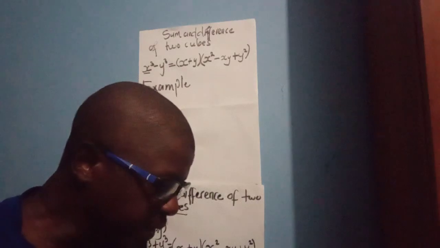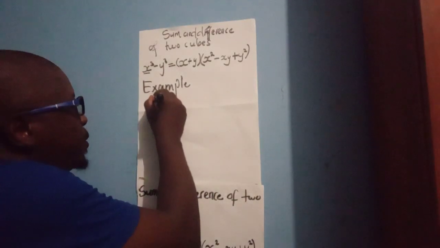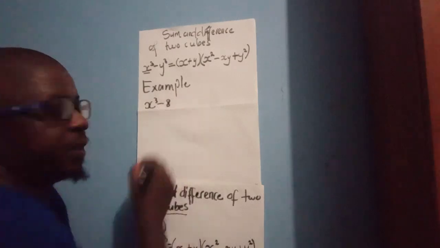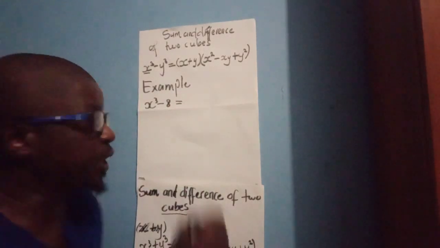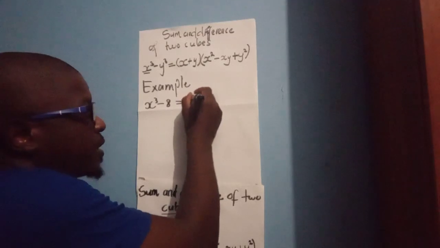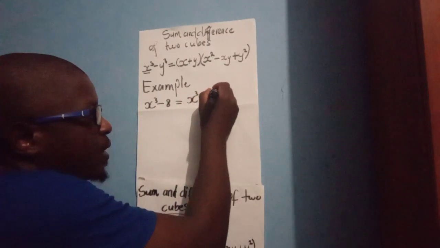Let's have a quick example to explain this. I do have x cubed minus 8. So I'm going to initially have to express this as x cubed minus 2 to the power of 3.